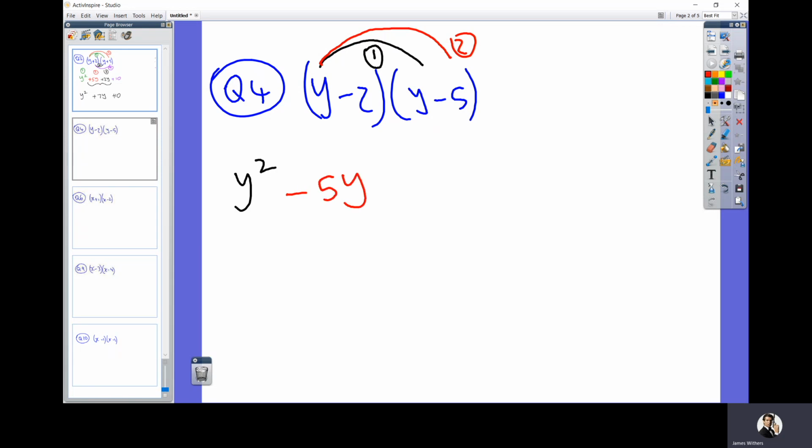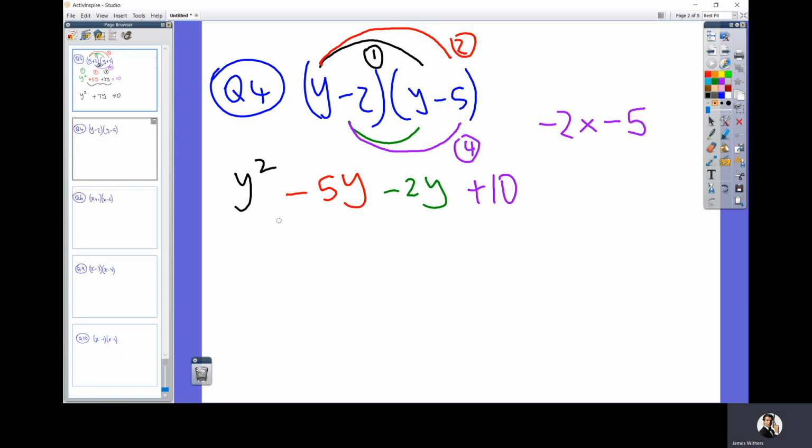Whenever you've got a positive multiplied by a negative, you get a negative. Claw number 3, minus 2 times y is minus 2y. Now be very careful with claw number 4. That claw number 4 is minus 2 multiplied by minus 5. And minus times a minus is a plus. So that's plus 10.